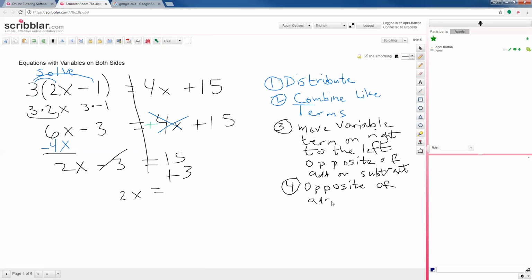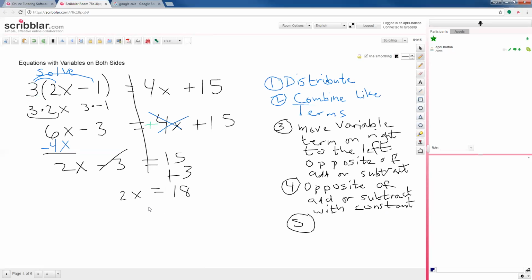So opposite of add or subtract with your constant instead of your variable. So 2x equals 18.